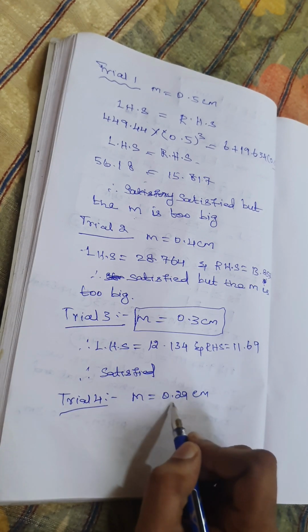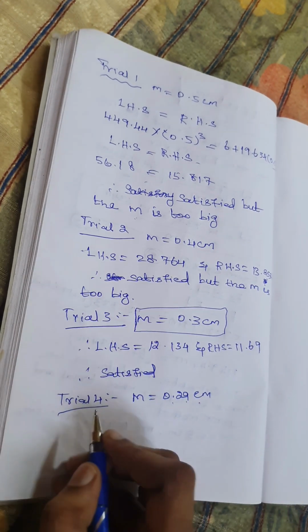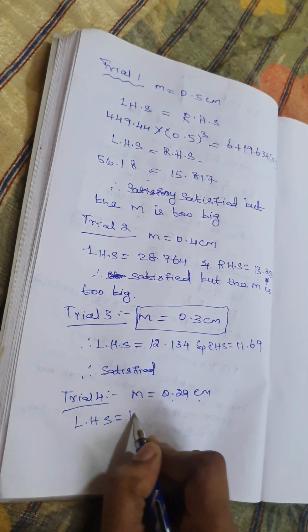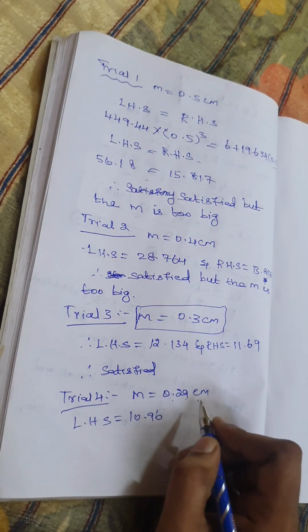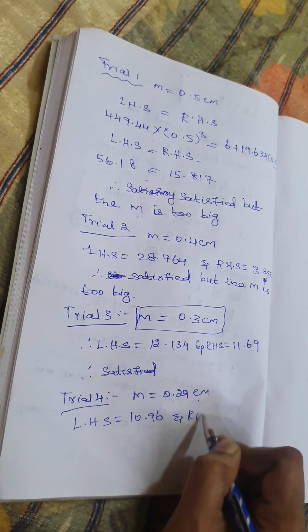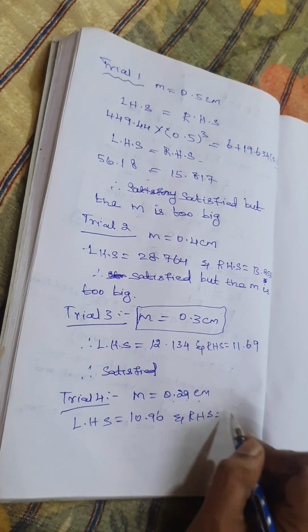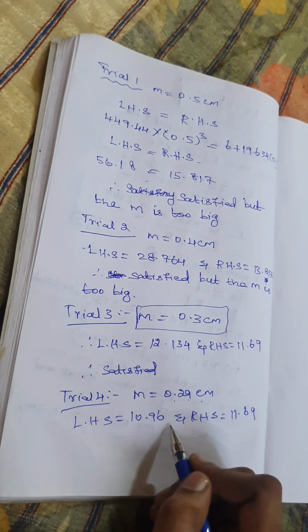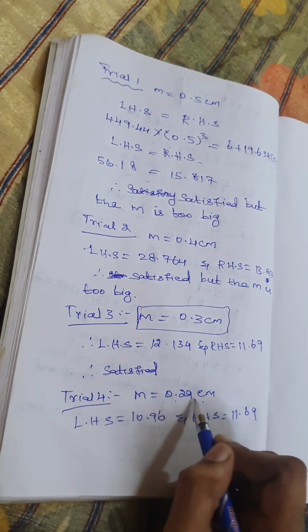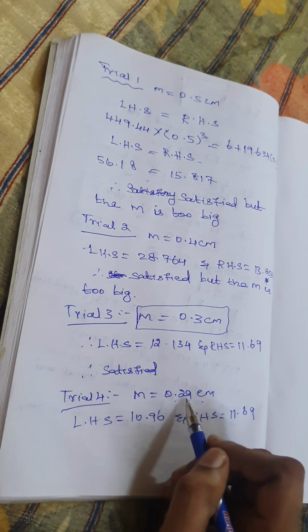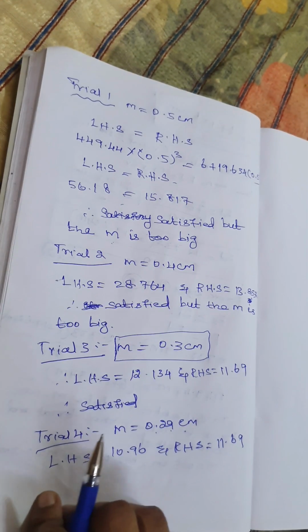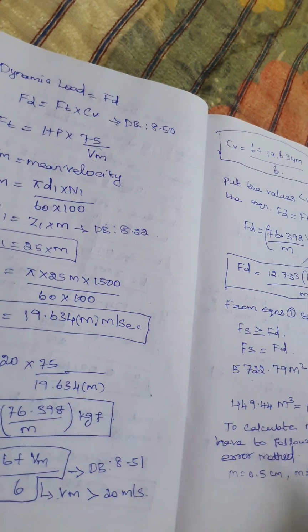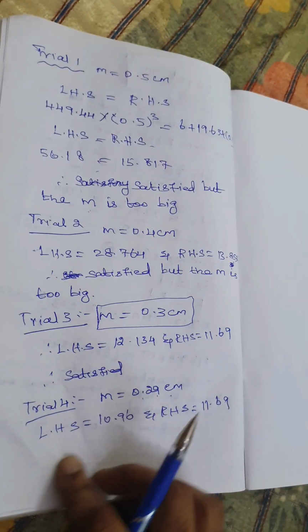If you put 0.29 in this equation, the LHS value will be 10.96 and the RHS value is 11.69.